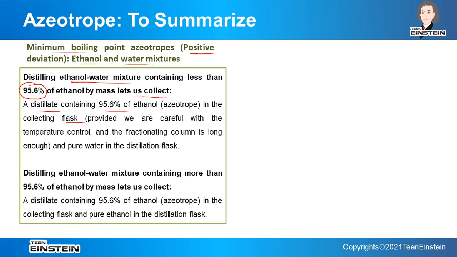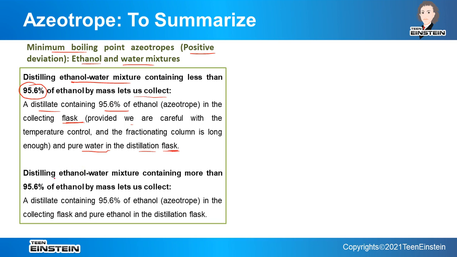That means where we are collecting the vapor after condensation. But it is also important to mention that this is provided we are careful enough with the temperature control and the fractionating column is long enough, otherwise we cannot expect this result.